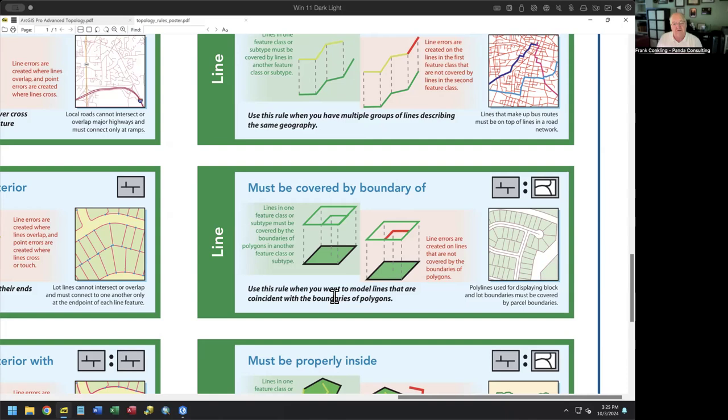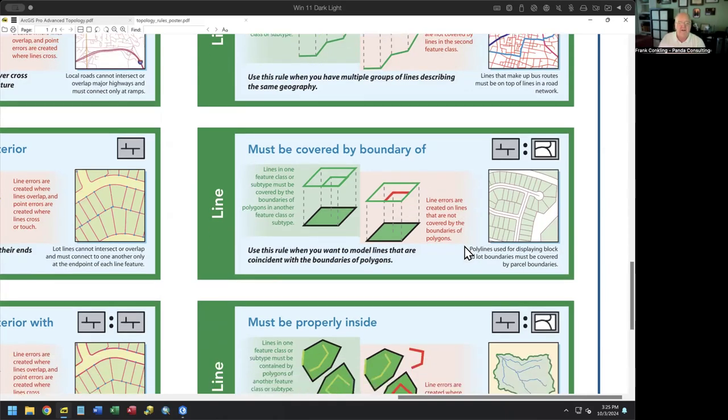Connection lines do not have this rule on them because they're allowed to be freestanding lines. And they can be anything from road center lines to meander lines, to all sorts of ways that you can use connection lines inside the parcel fabric. But this is the rule that says a parcel line has to be on the boundary of a parcel.